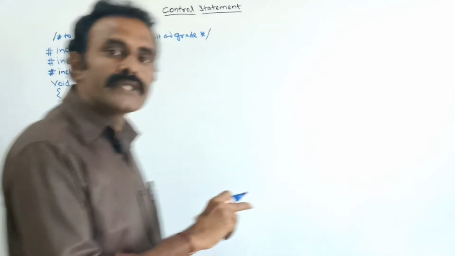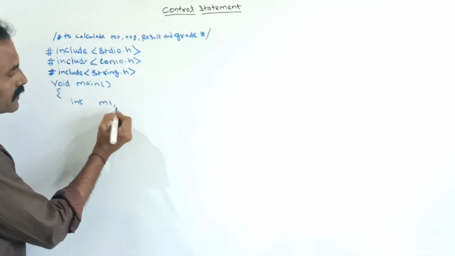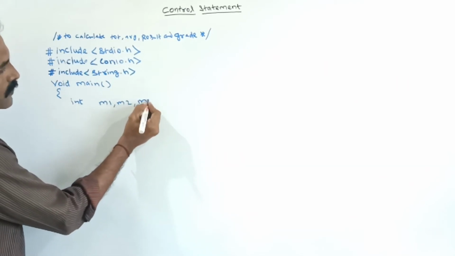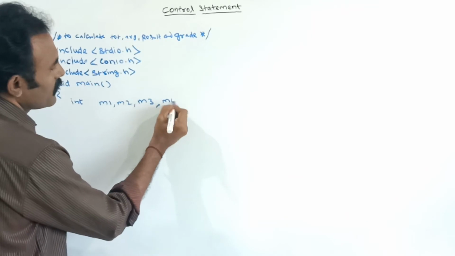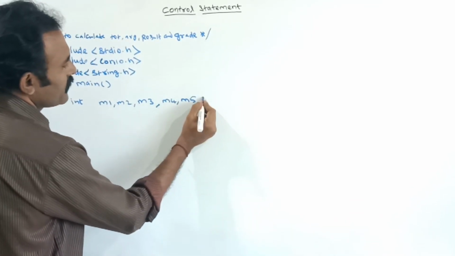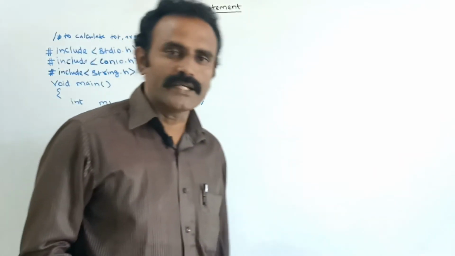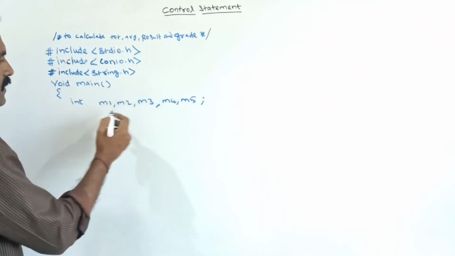So here I am using the integer data type. Next, what are the subjects? Mark 1, mark 2, mark 3, mark 4, mark 5. Totally I am using 5 subjects, so I have declared the 5 subject marks.